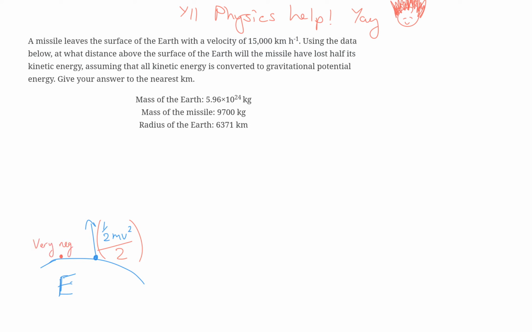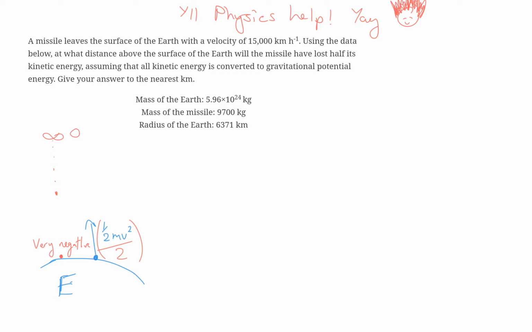Now we're going to be working that out, and as you go further away, and the closer you get to infinity, there's this point in infinity where we say that there's a 0 potential energy. So the potential energy never becomes positive.